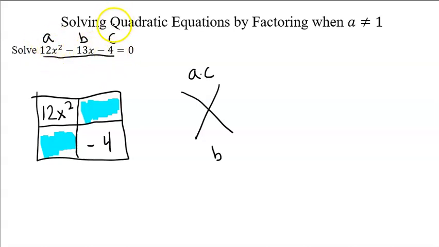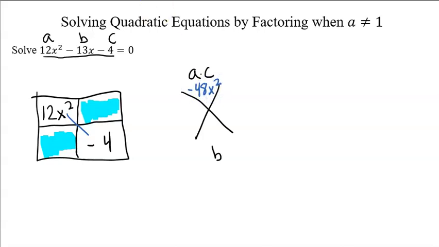So the way I do it is I'm going to take these two boxes that I filled in, and with the purple line, I'm going to figure out what their product is. So 12x squared times negative 4 is negative 48x squared.